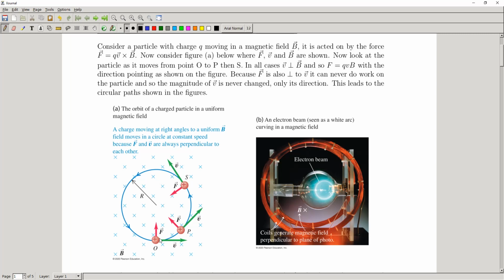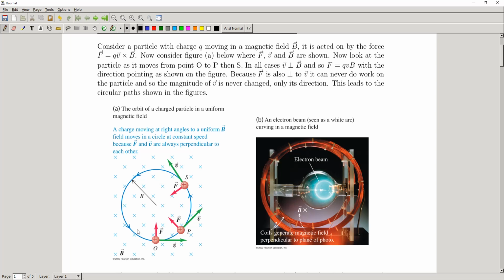It's going to lead us to the idea that our particle, with constant magnitude to its velocity, is going to be moving in uniform circular motion in this circular path of radius big R. If we look at this, we see that in all cases our velocity vector V is going to be perpendicular to our magnetic field. The velocity V lives in the plane of the page, and the magnetic field is perpendicular to that plane, pointing inward to the page.